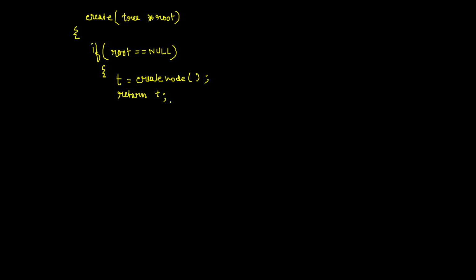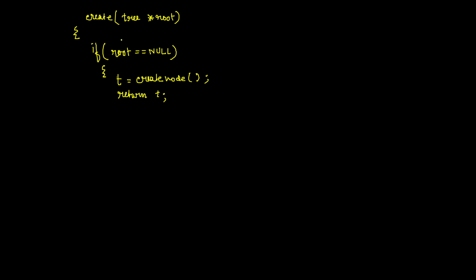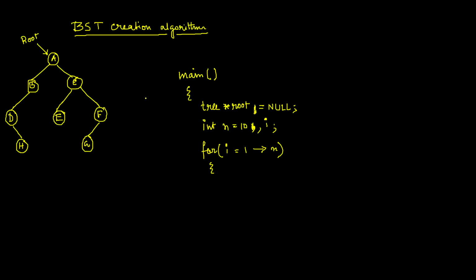So basically what's happening, you can assume that a new node has been created with this a, whose address, suppose, is 100. This is now pointed to by t currently within this create function, and when you are returning t, what will happen?